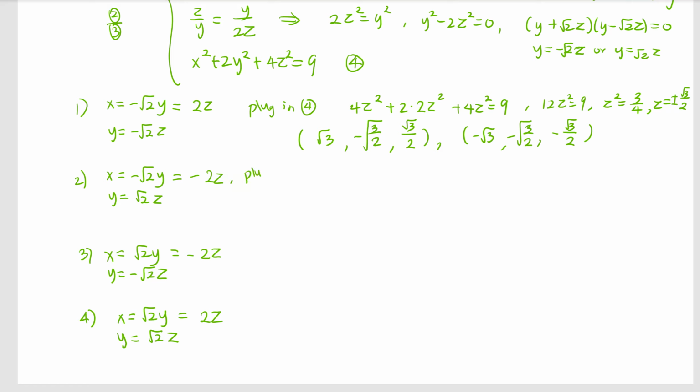So this guy, we plug in 4. x squared, still 4z squared, plus 2 times, still 2z squared plus 4z squared. Because it's squared, the odd and negative just become positive, you can kind of expect all these cases, our z will be plus or minus root 3 over 2.